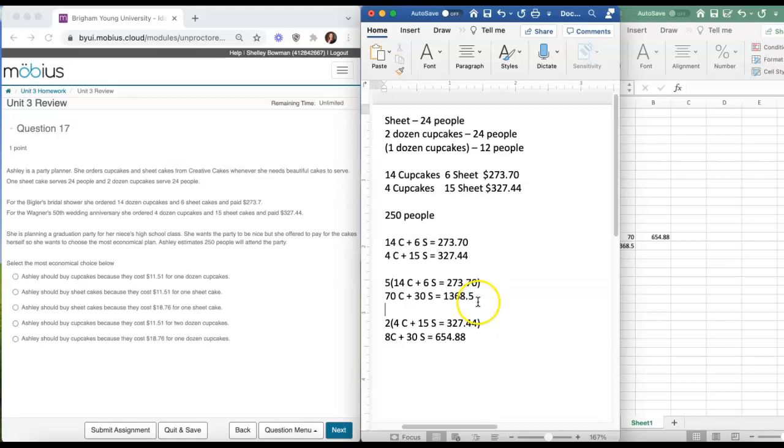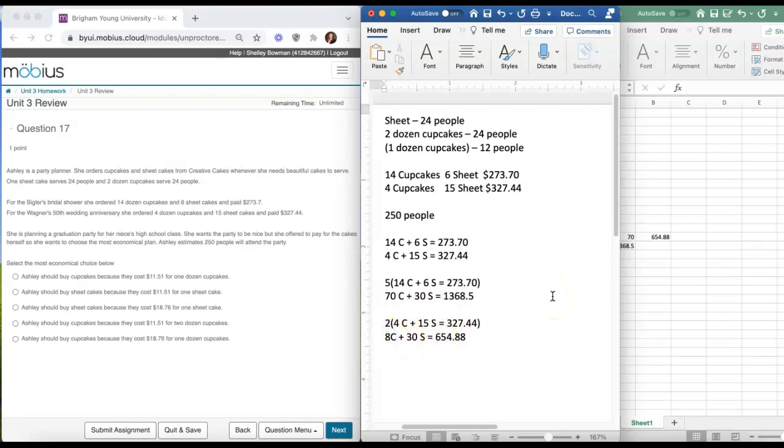The first thing I wanted to do is see which one would be easier to make the subtraction, because if I made this first one the negative, then I would end up working with negatives, but I can see that this one is smaller, so when I subtract, I'll end up with positives.